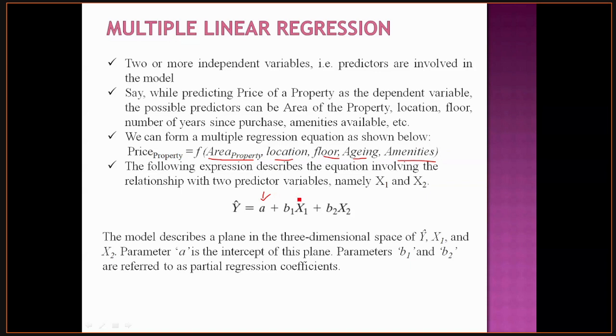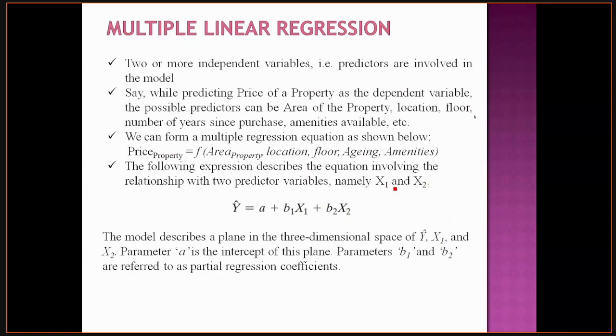Instead of bx, we will get b1x1 plus b2x2 plus, if there are n such terms, we will go till bnxn. Okay, so this is how we fit a multiple linear regression model.